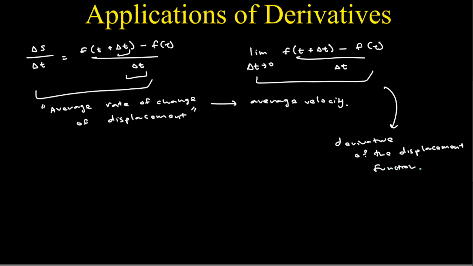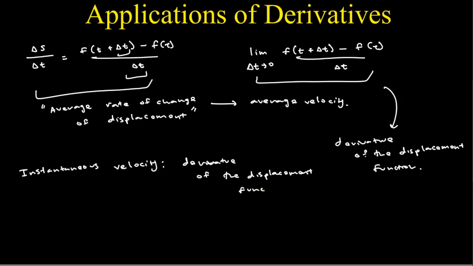Right? So what we can see is instantaneous velocity is essentially the derivative of the displacement function, right?